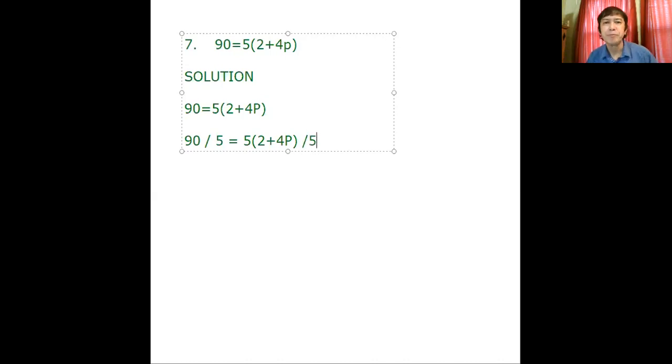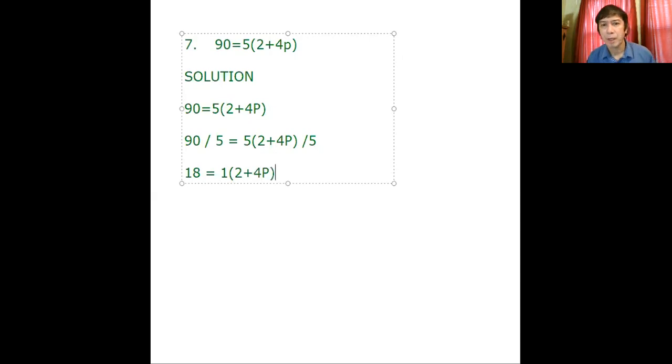All right, so 90 divided by 5 must be 18. And this 5 over here will divide by this 5, and that will give us 1. Then that number 1 will be multiplied by this quantity, so 5 divided by 5 giving 1, and then times the quantity 2 plus 4p.